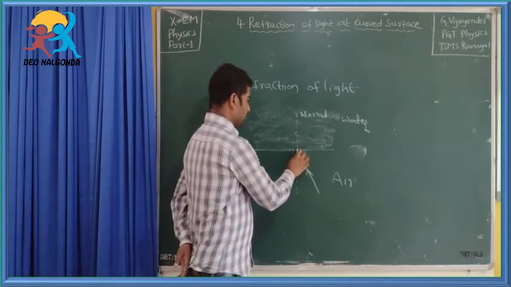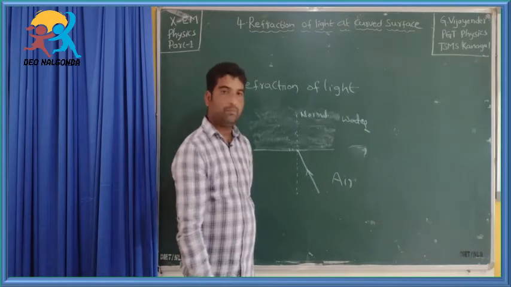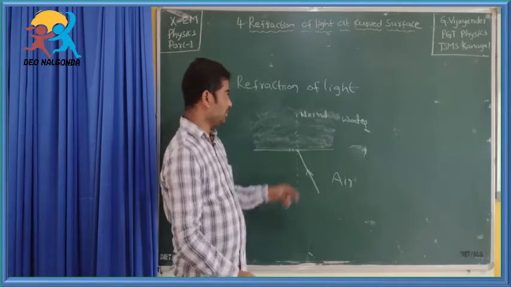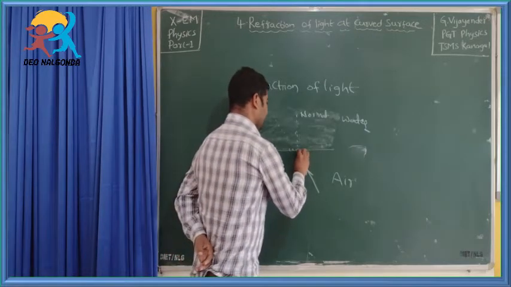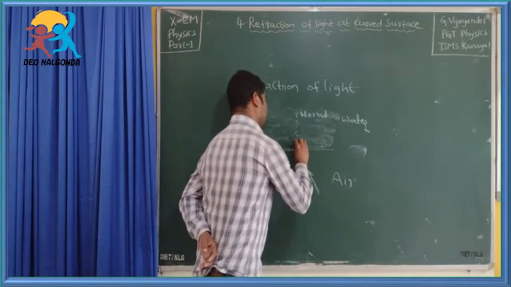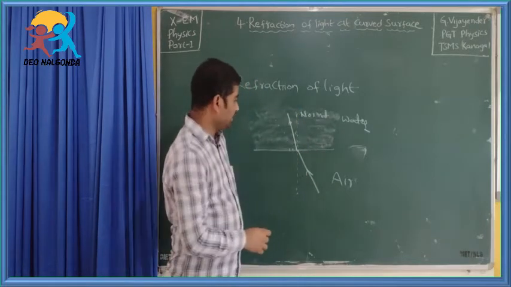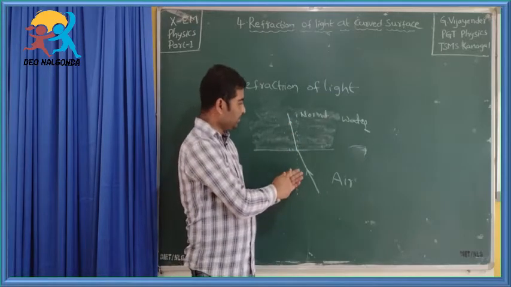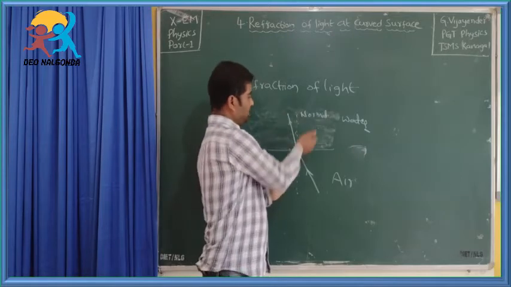The light ray has to travel like this, but here the medium has changed, that is, air to water. So the direction of the light ray is changing, like this. Due to the change of medium, the light ray direction has changed.